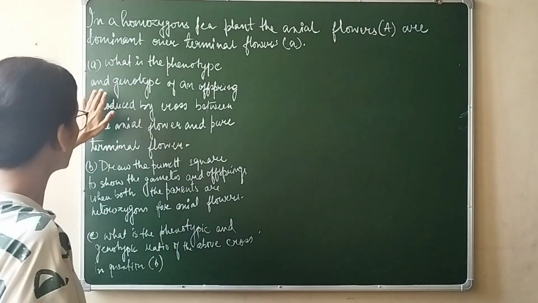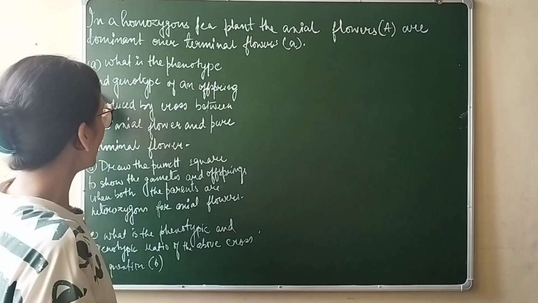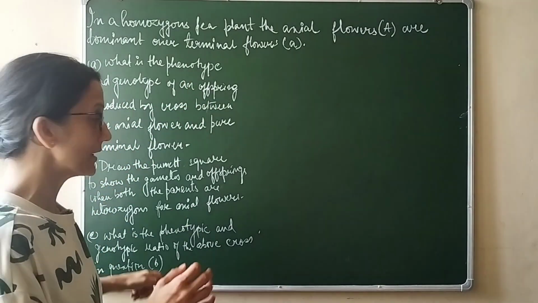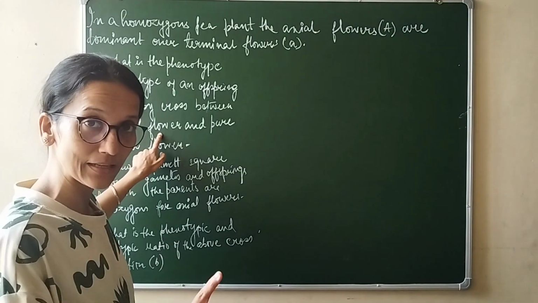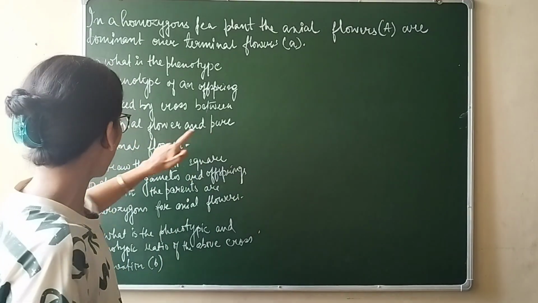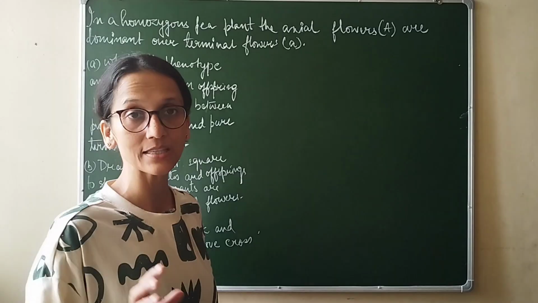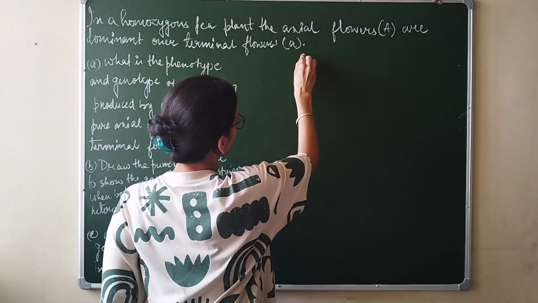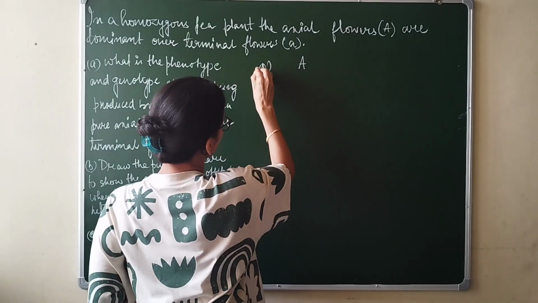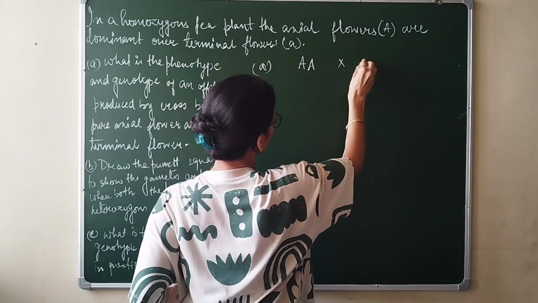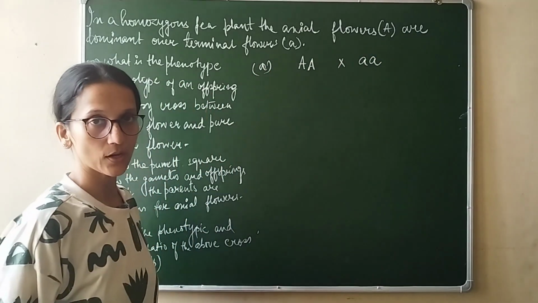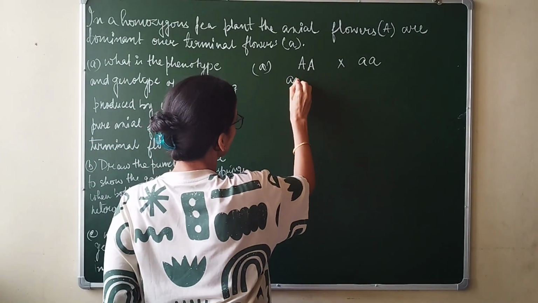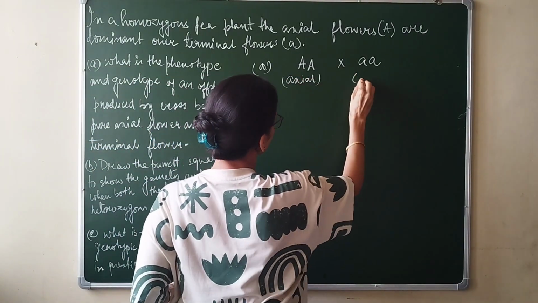Now the first question is, what is the phenotype and the genotype of an offspring produced by the cross between a pure axial flower, pure axial means capital A, and a pure terminal flower, which means small a, small a. So we will attempt this question like this: capital A cross small a, small a. What I have written is the genotype. So this basically is the axial flower and this is terminal.